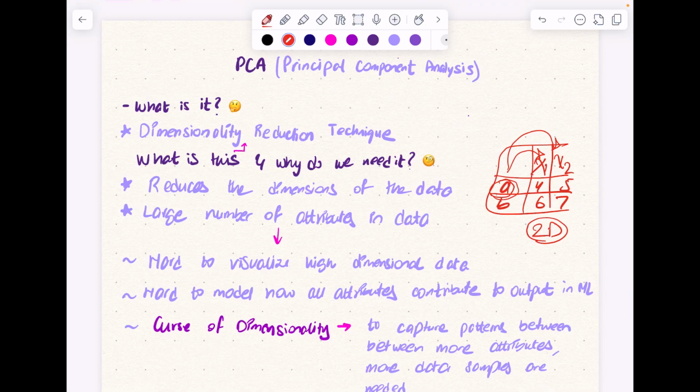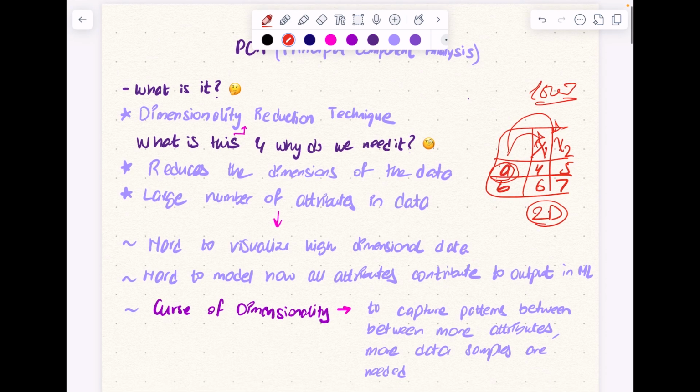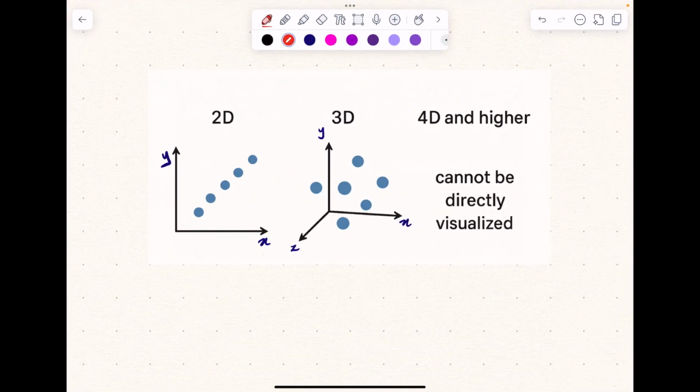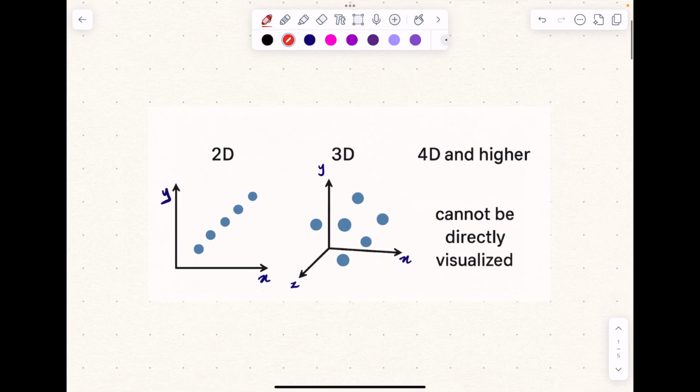One common example of high dimensional data is sensor data. We can have up to thousands of dimensions in our data. What happens when we have a large number of attributes in our data is that, number one, it becomes hard for us to visualize it. It's easy for us to visualize data in two dimensions because we can just plot it on the y-axis and the x-axis.